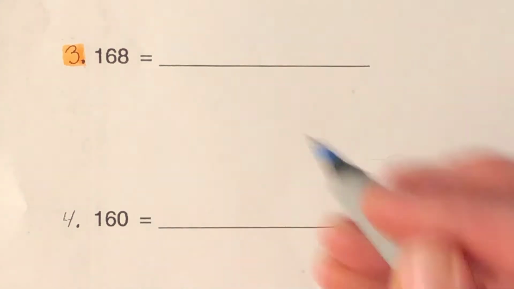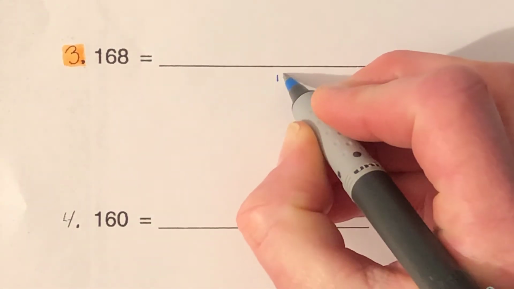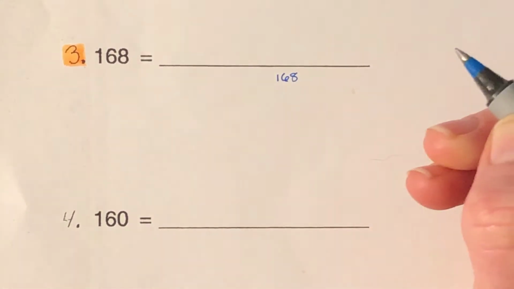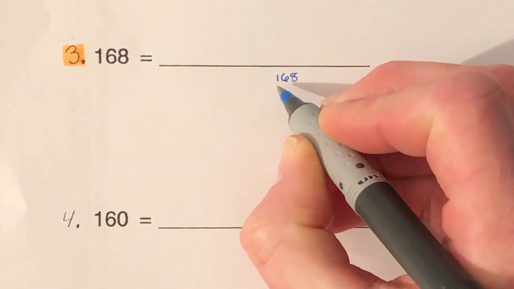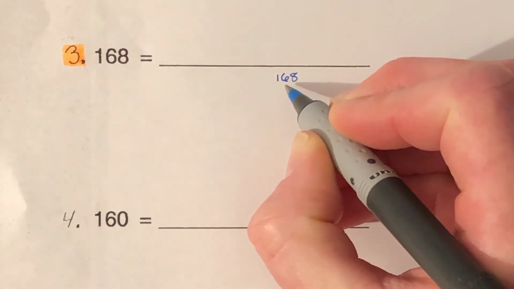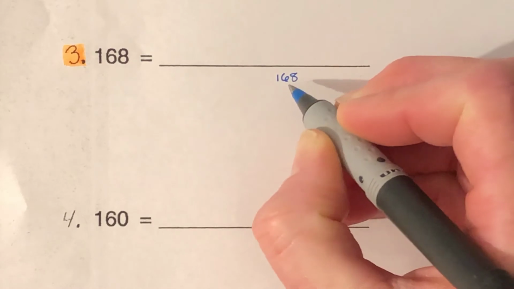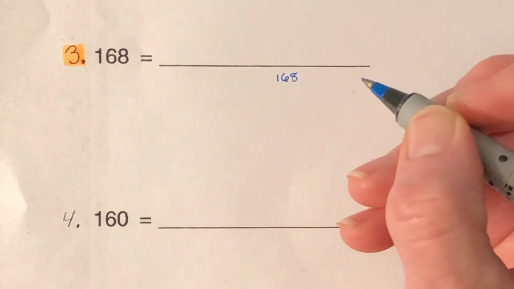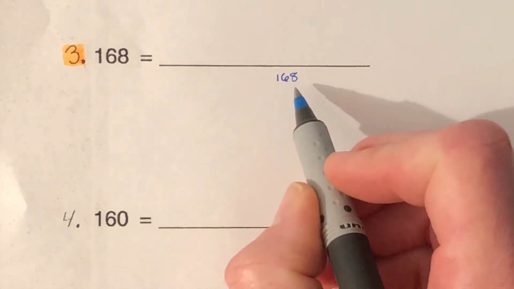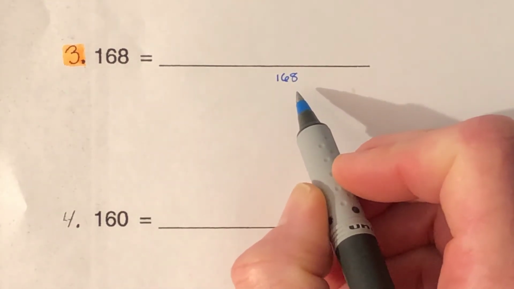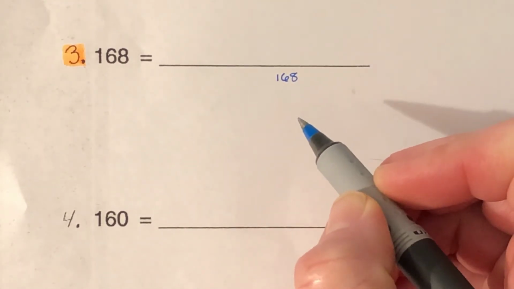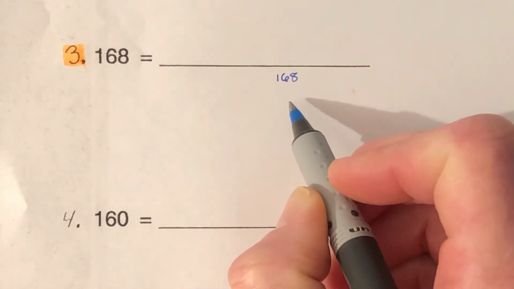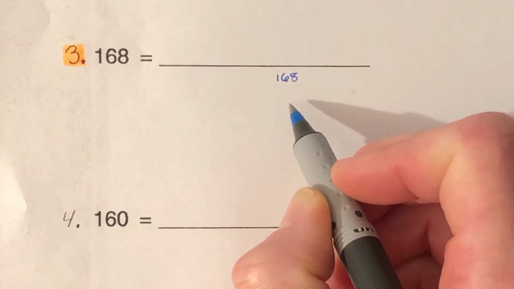168. Let's see, 8 plus 1 is 9. 9 plus 6 is 15. 15, so it's divisible by 3. So I could reduce it by 3. It's also an even number. What does that tell you about a nice number it's divisible by?